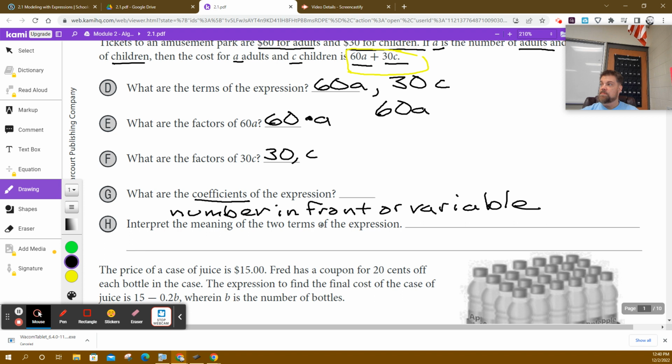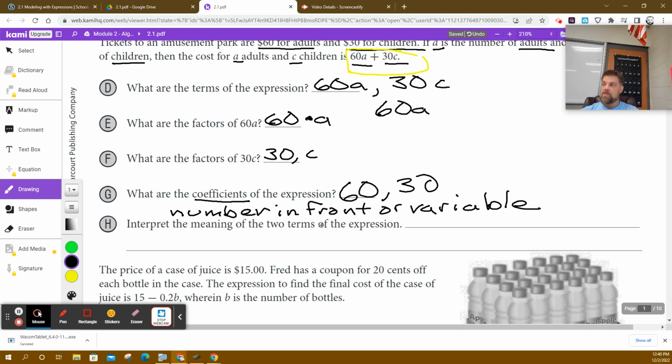Anyone? What are the numbers in front of the letters? 60 and 30.